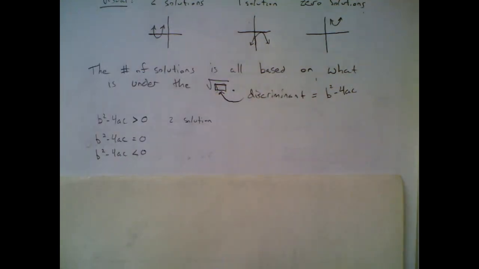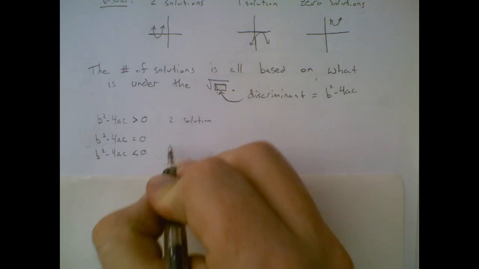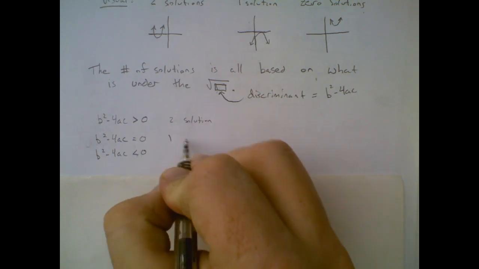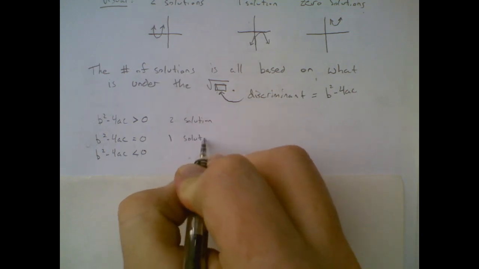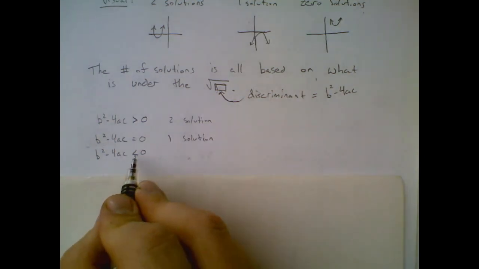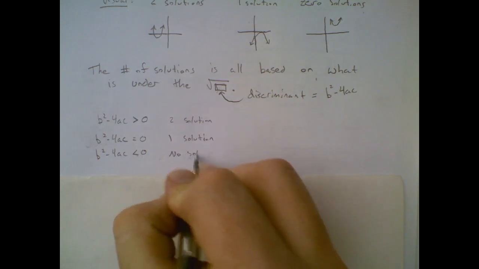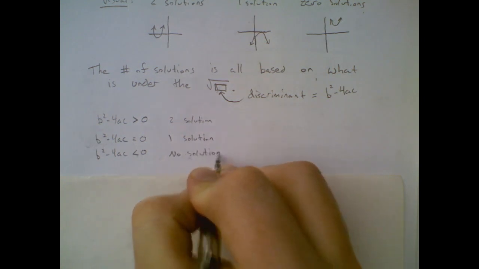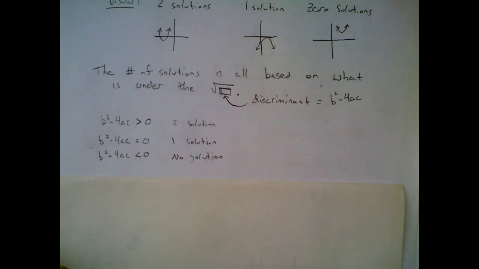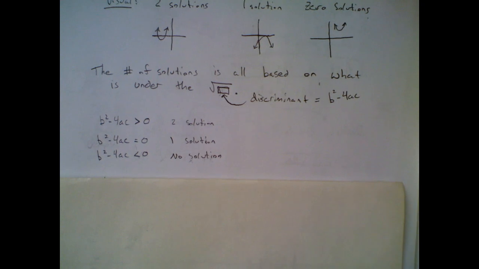It's positive, we can take the square root of positives, we get two answers. What if the discriminant is equal to 0? Well, that is one solution. And if the discriminant, what's underneath the square root, is less than 0, so negative, that is no solution. We saw this last week and we've seen it in the past. It's all based on what is under that square root.